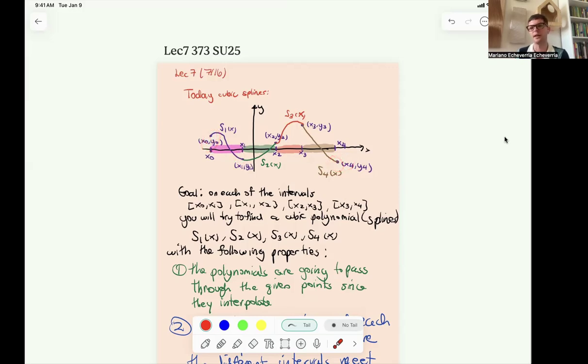And so for natural splines, because you want a unique solution, you do need two extra equations. In fact, if you do the count, even when you had more points, you are always left with two missing equations.